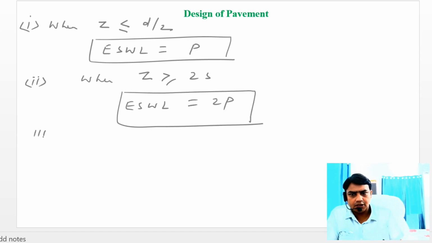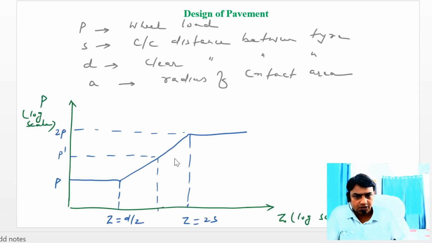But third case, when Z lies in between D by 2 to 2S, we can interpolate by this, or we can compute the slope of this line, that is, this is the slope theta for this line or for this triangle, and this triangle will be same.